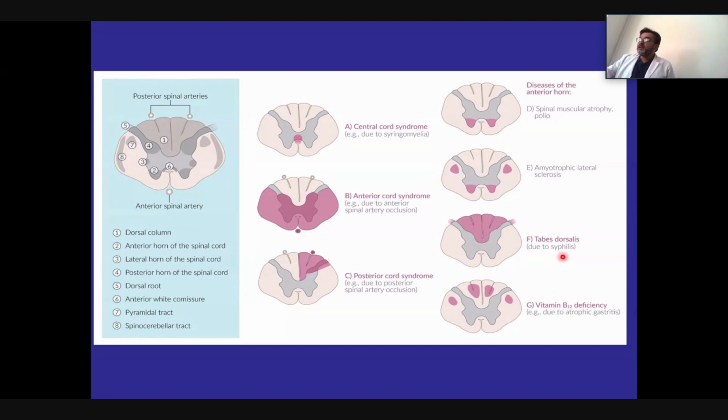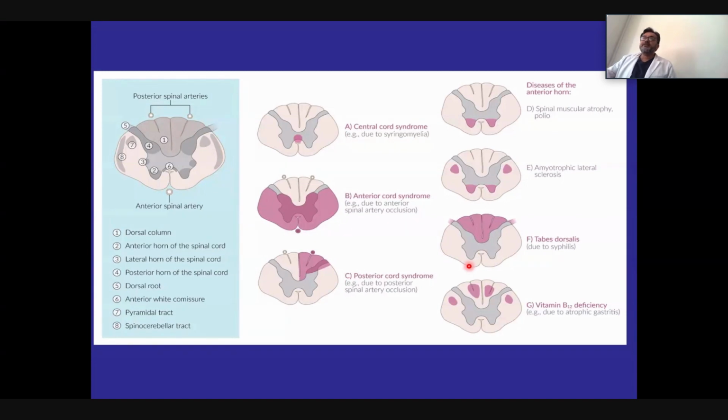Vitamin B12 deficiency can result in subacute combined degeneration, which involves the dorsal column as well as the lateral column. In the lateral column, it may involve the spinocerebellar and corticospinal tracts, and in the dorsal column, it can involve the dorsal column tracts.